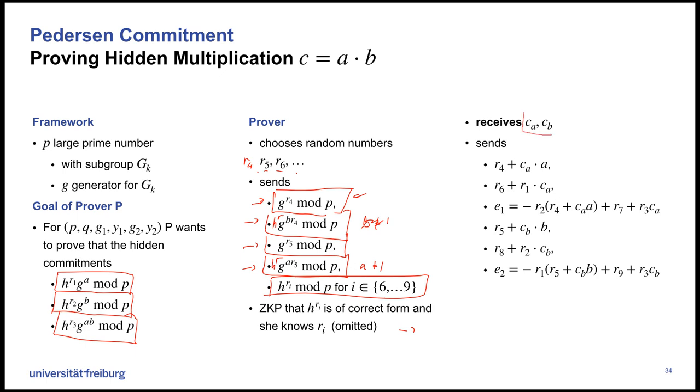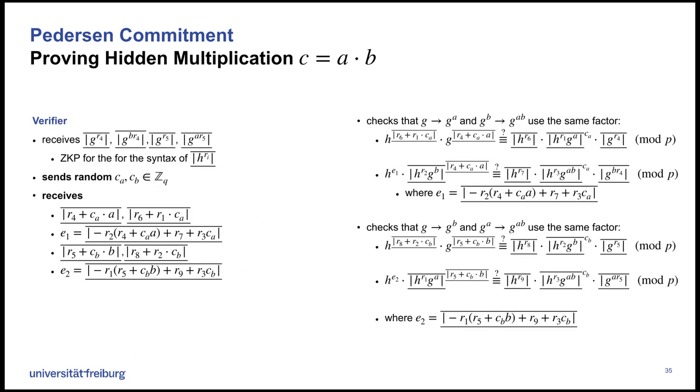Now again, I receive 2 challenges. Okay. This is the verifier side. So the verifier side will do the same thing. First of all, I have to prove that this is in the form of g to the a and h to the power of something. And then I use the same exponent here.